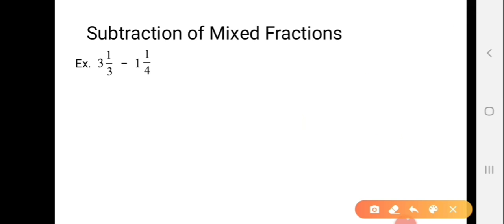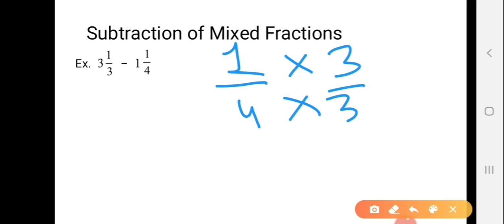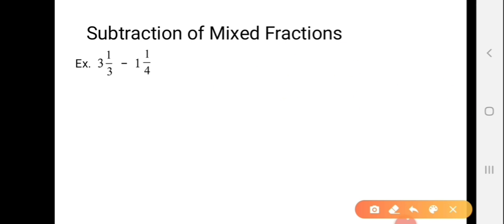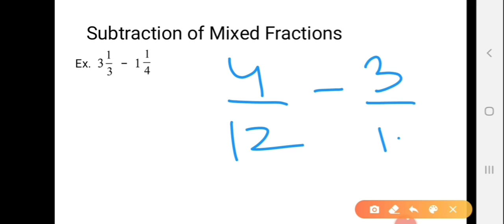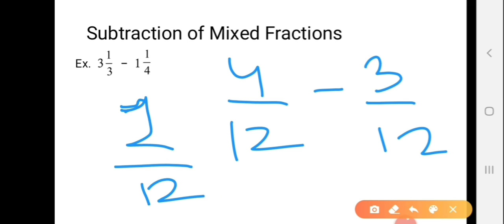Now the next is 1 by 4 multiplied by 3 by 3, which is equal to 3 by 12. So our answer is nothing but 4 by 12 minus 3 by 12, which is equal to 1 by 12, okay.